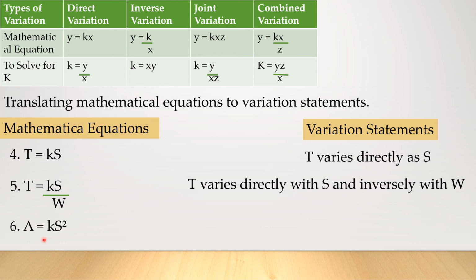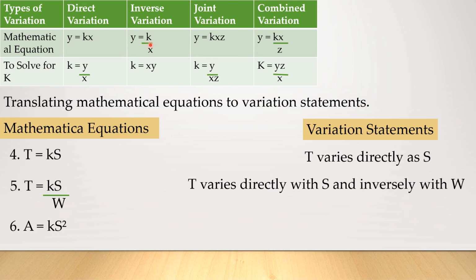And what about if I have A is equal to K times S squared? So this is still two variables, which means direct variation. If it is two variables, your choices would be direct variation and inverse variation.